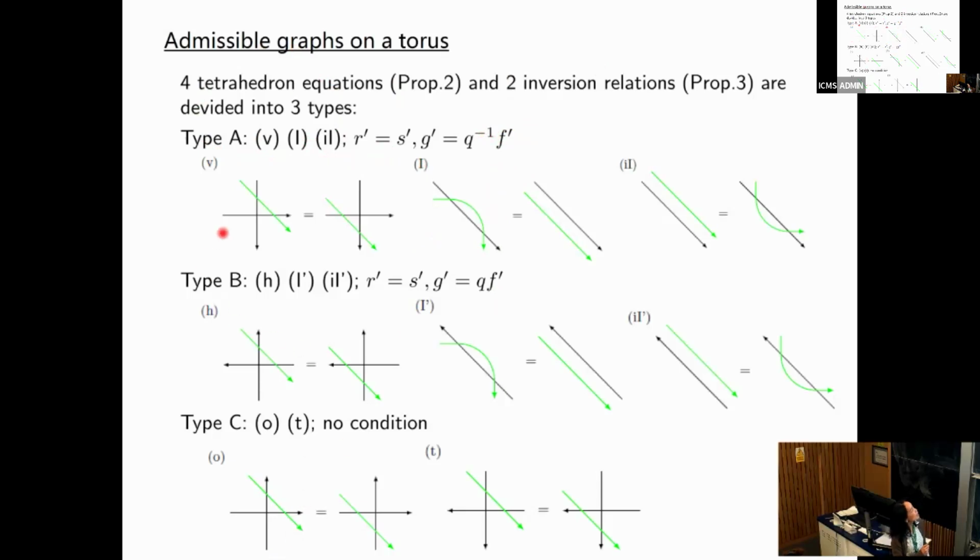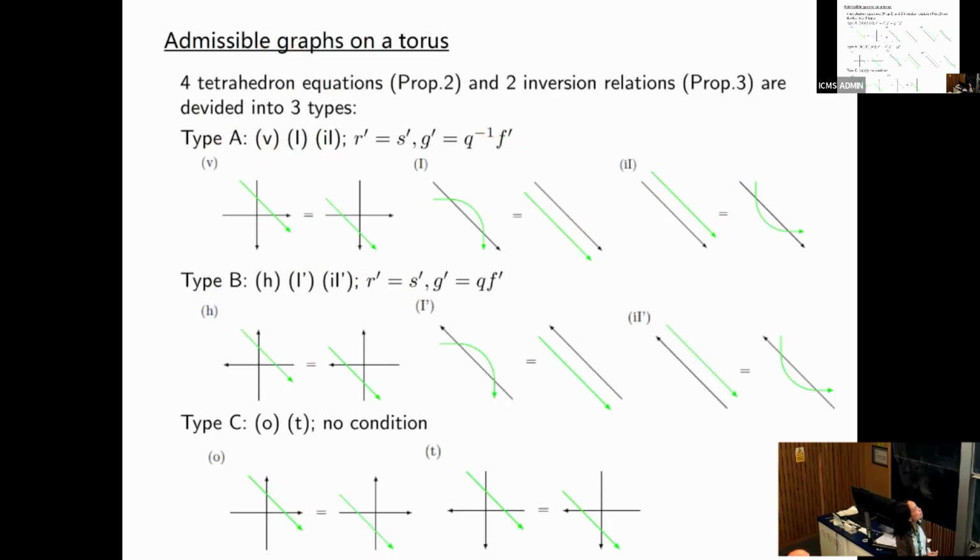So type A. For type A, we have the moves 3-1, B and I, and the inverse of I. So basically we go from left to the right, and these are treated as the inverse of each other.